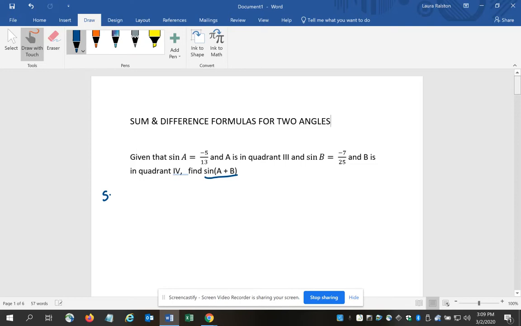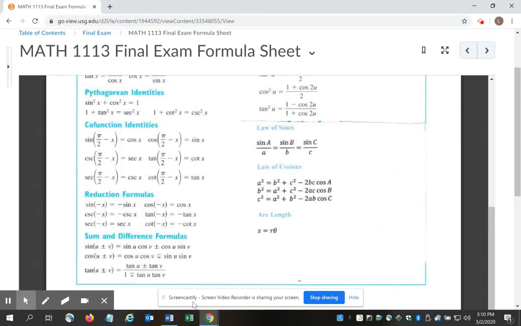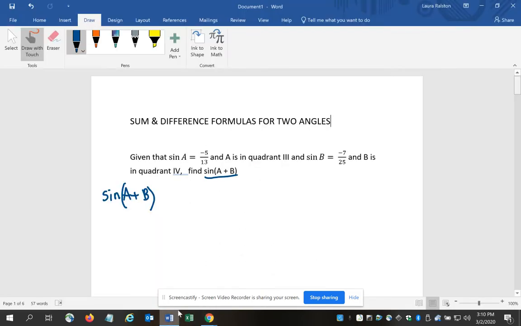So I'm going to write down my formula for the sum of angle A plus angle B. These formulas are on the formula sheet that you will be using for the final exam, so you can go look at those. Then I'm going to transfer the one for the sum over to my paper.